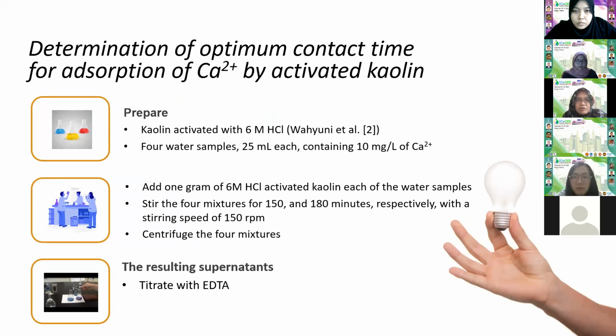For determinations of optimum contact times, we prepare kaolin activated with 6 molar hydrochloric acid, and then we stir the mixture with some compound of calcium ions at various concentrations, and then for calculating the supernatant, we treat with ethylenediamine.